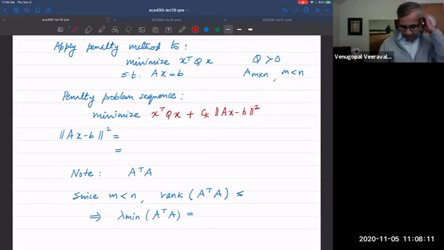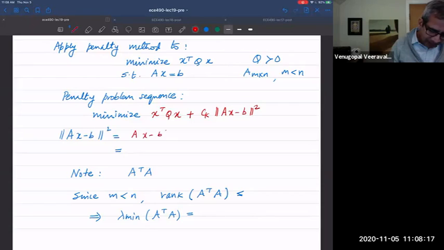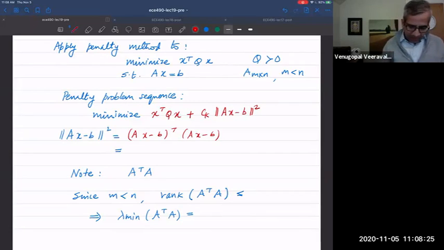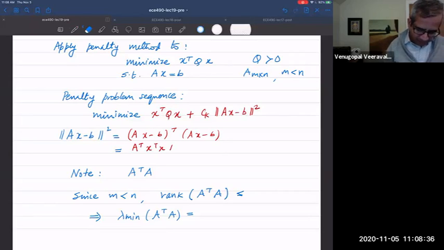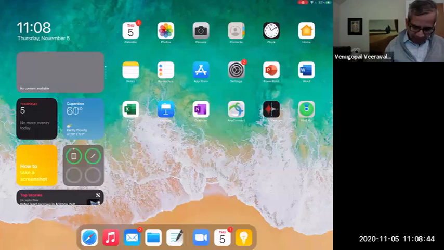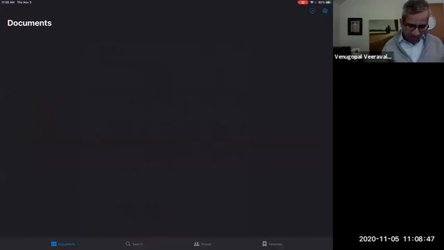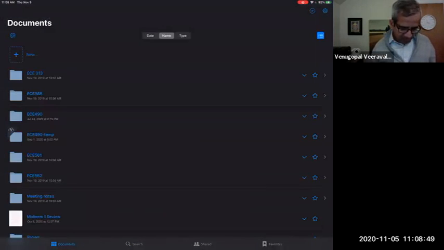Let's write down that quadratic, the norm squared of Ax minus b, and expand it out. That's (Ax minus b) transpose (Ax minus b), and I can expand this as x transpose A transpose Ax. Oh, what happened there?